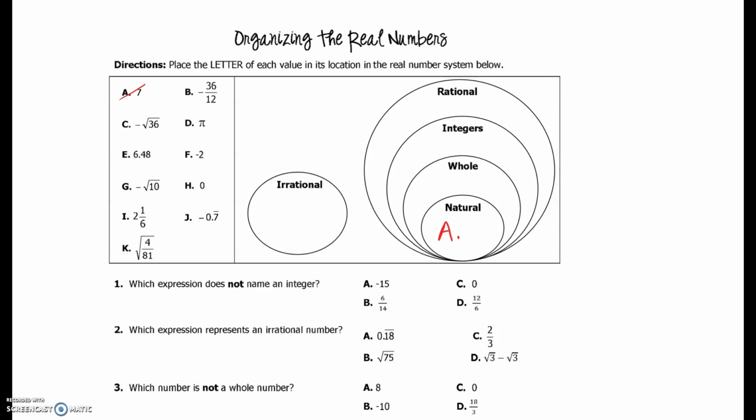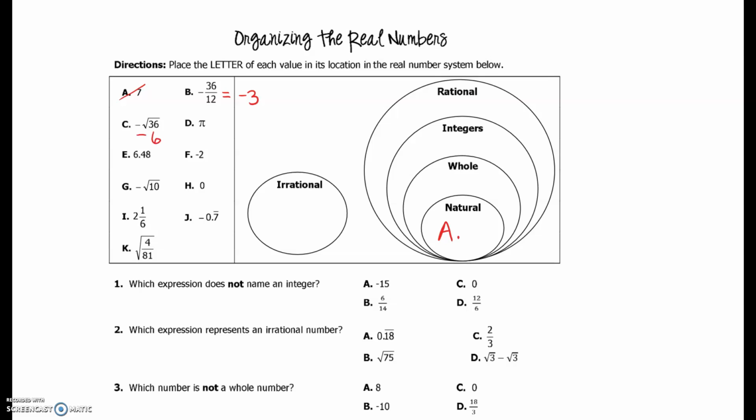Be sure to simplify the expression if possible. For example, in letter B, negative 36 over 12 is actually equivalent to negative 3. The same thing here for letter C. Negative square root of 36 is actually equivalent to negative 6.